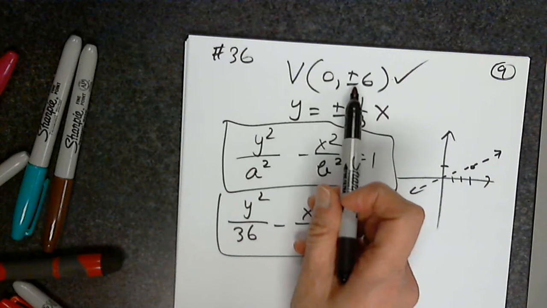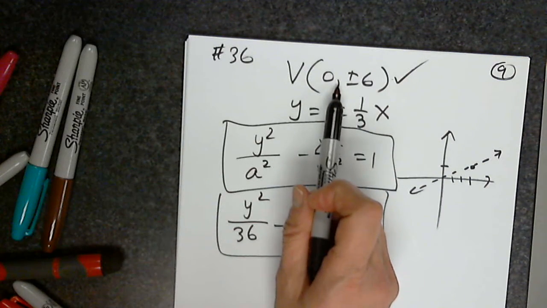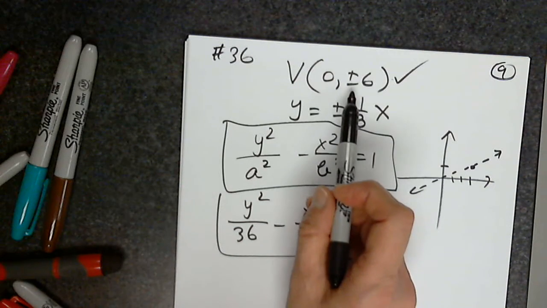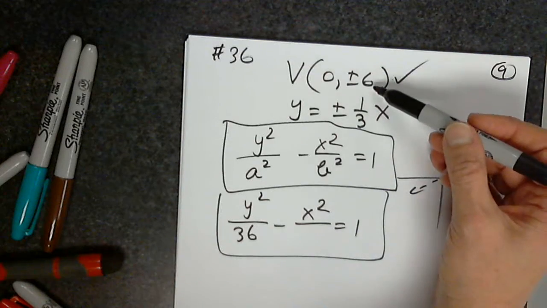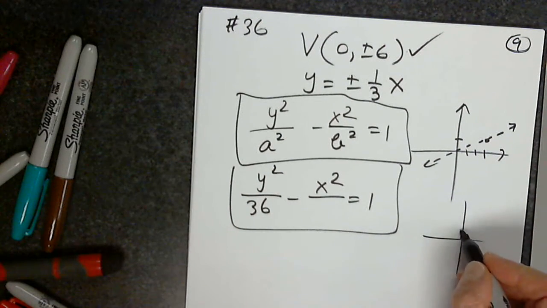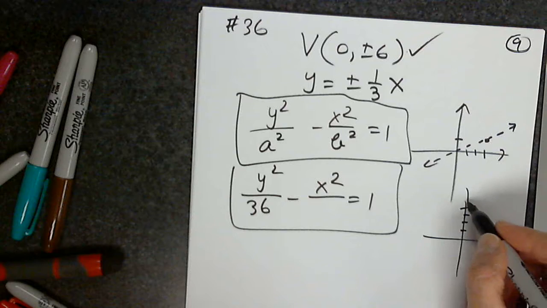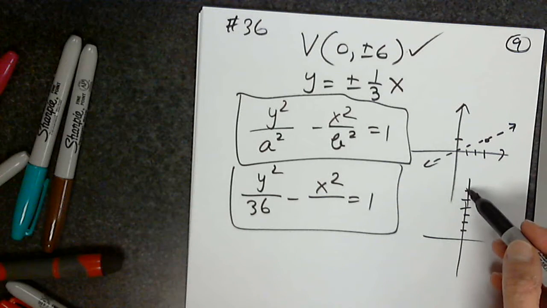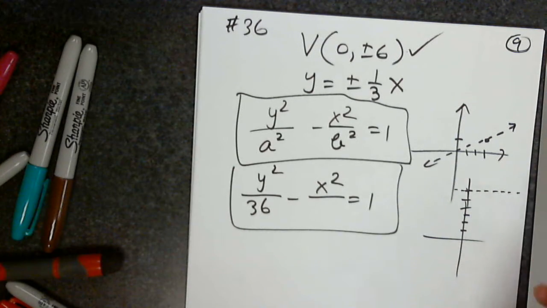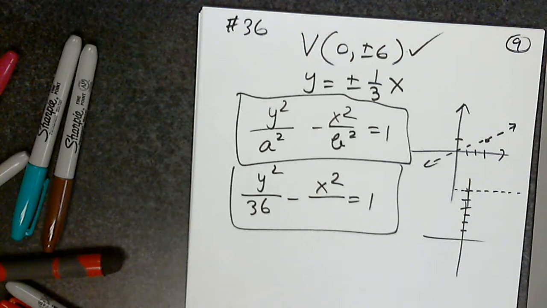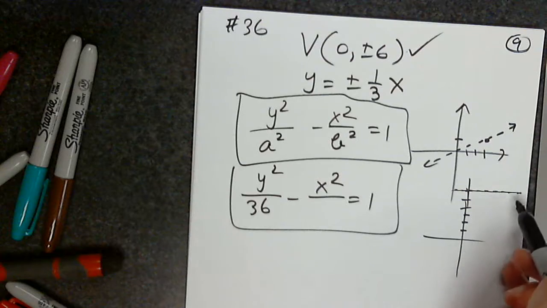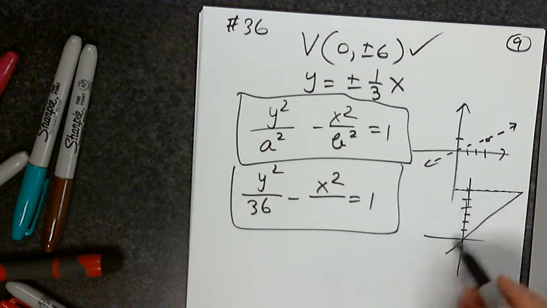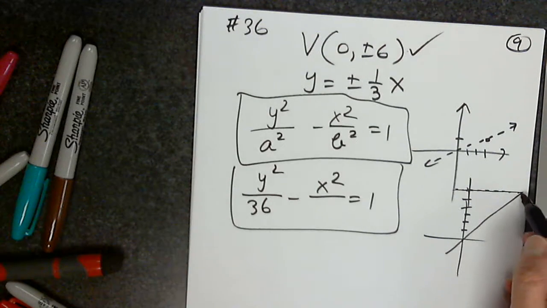and the vertices 6. Yes, I have to do that because since it's 1, 2, 3, 4, 5, 6, then somewhere here it has to cross. Somewhere it has to cross this line. So whatever I have for the asymptote, this height has to be 6.